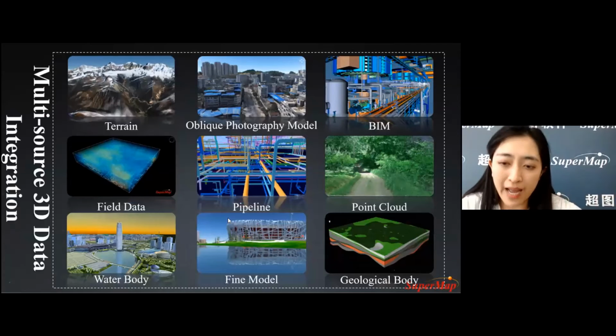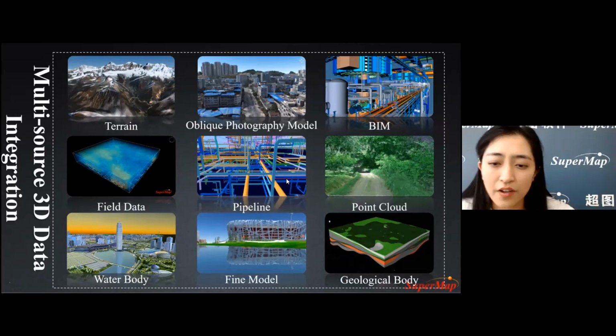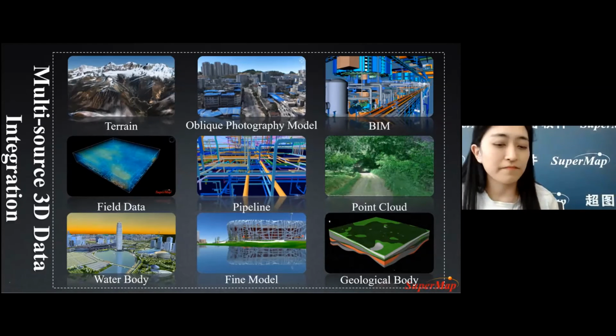So Supermap integrates the emerging oblique photography model, BIM, and point cloud and the other 3D data with the traditional image, vector, terrain, and precision model, and the underground pipeline and other multi-source data, which improves the data utilization rate.